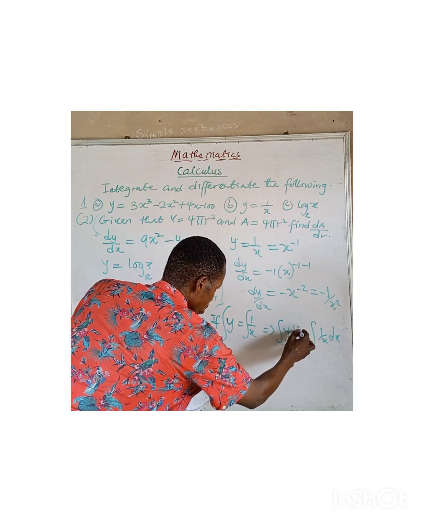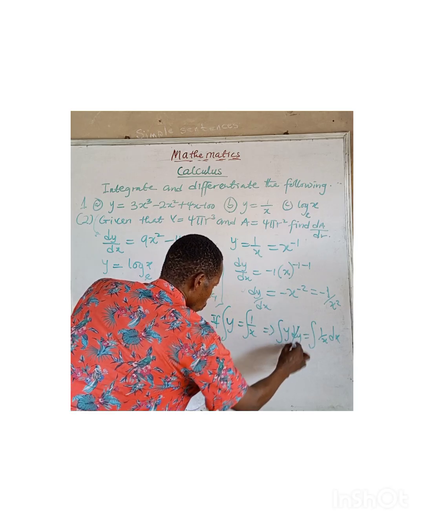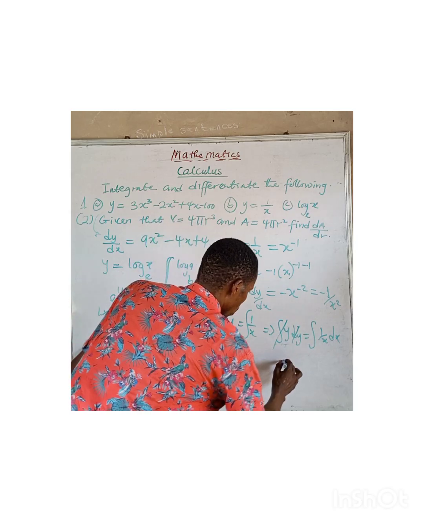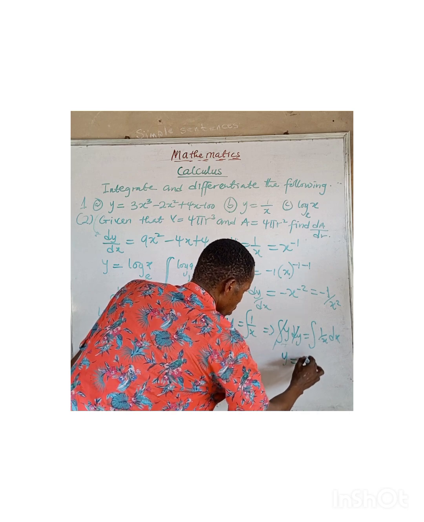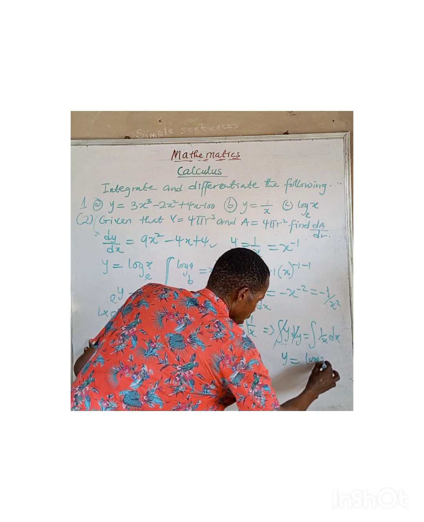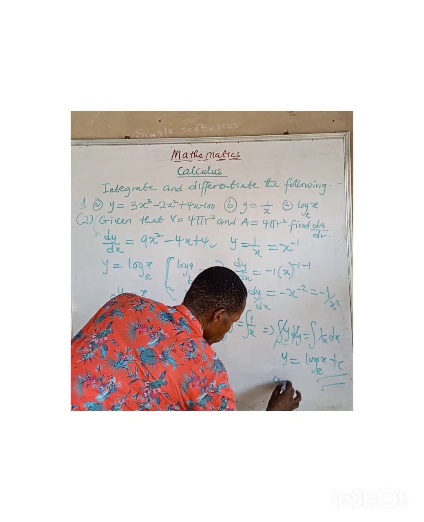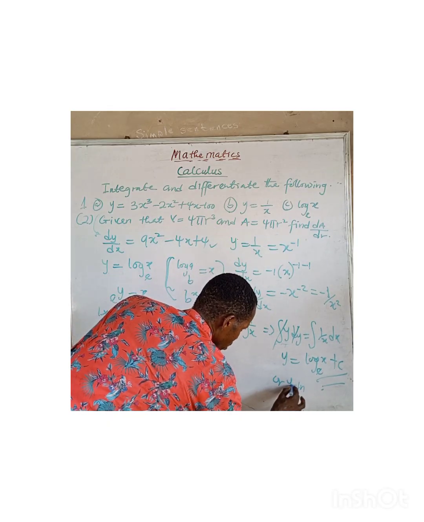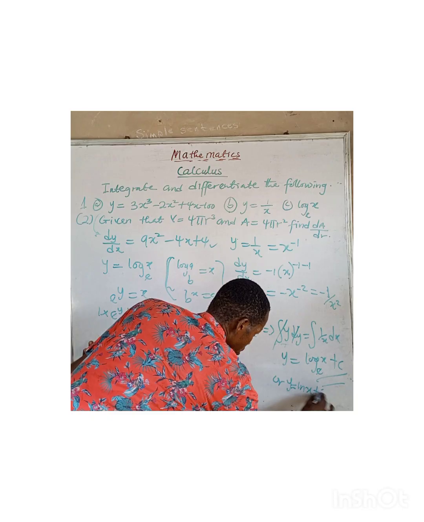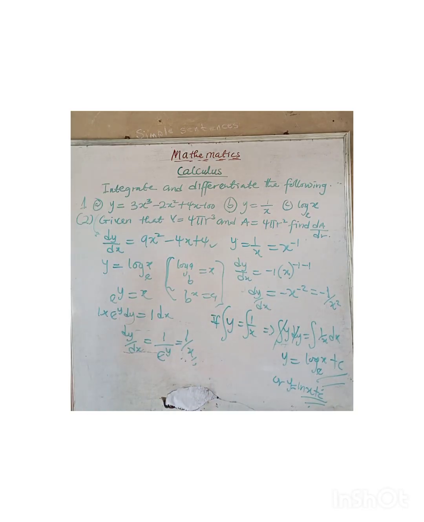So we are going to have y will give us log of x base e plus constant, or we say y equals ln x plus c. That's another form of getting that.